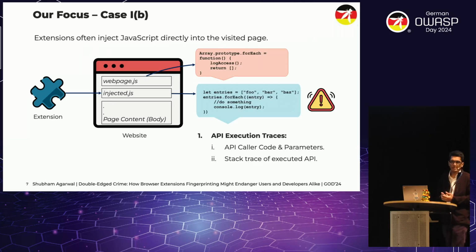But more importantly, you can also capture the stack trace of the executed API. Because in some cases, for example, if the script uses strict primitive, the caller code is not visible. But the stack trace still is, and that gives a very fair amount of entropy to uncover fingerprint traces, because it gives you the line numbers and all the script traces there.